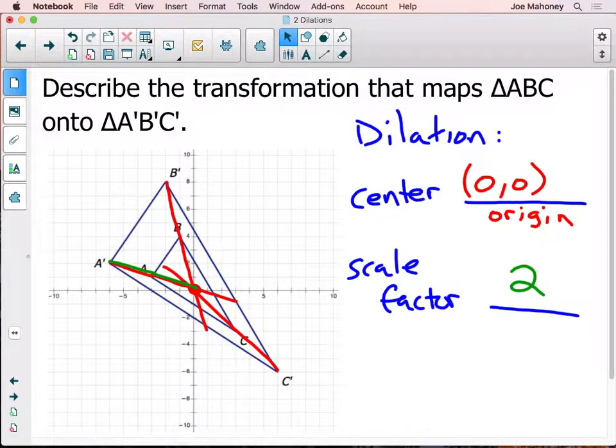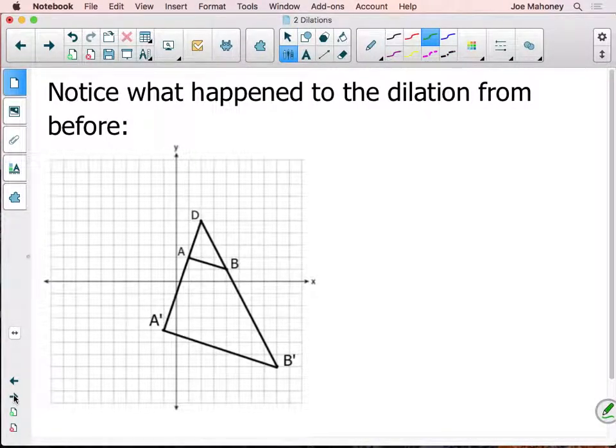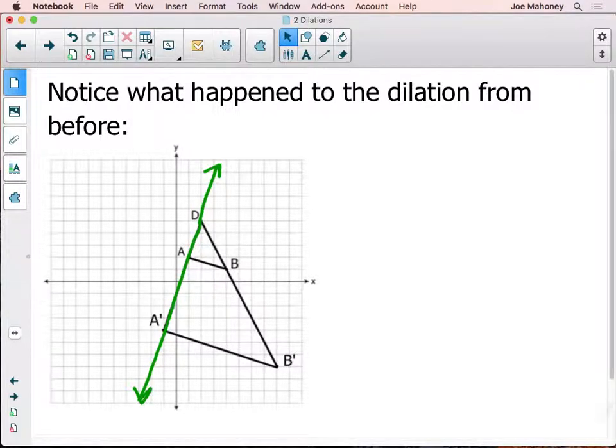Okay, I want to go back to something we did before. Remember we took segment AB and we dilated it to get segment A prime, B prime? I want you to notice something here. Basically, when you dilated from point D to point A, I think you knew that point A prime was going to lie somewhere on that green line.